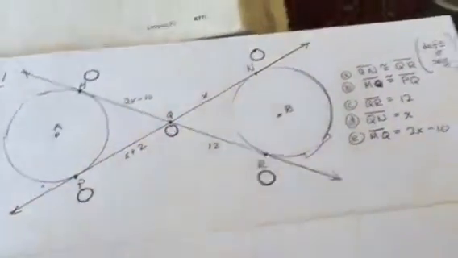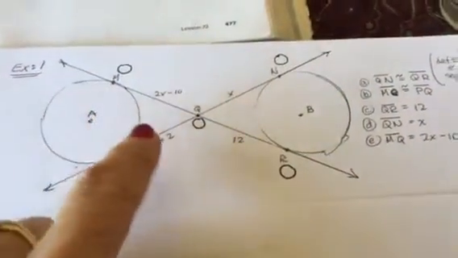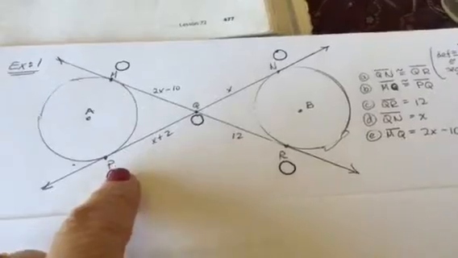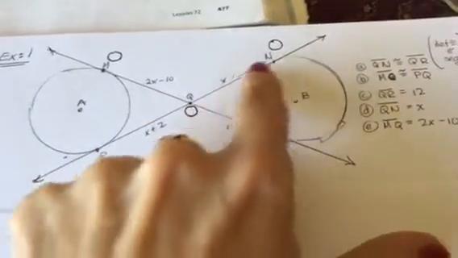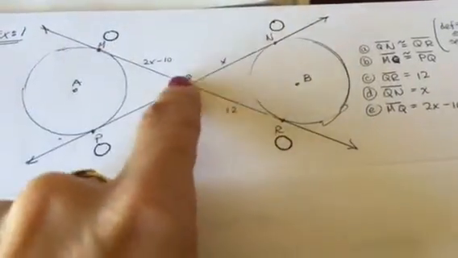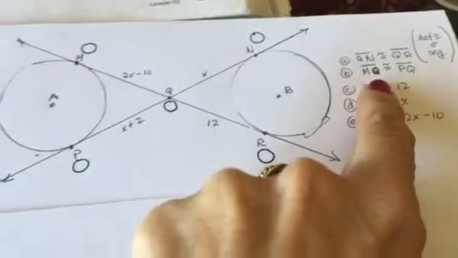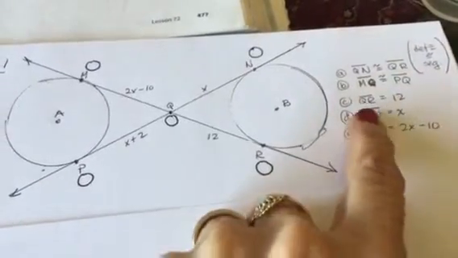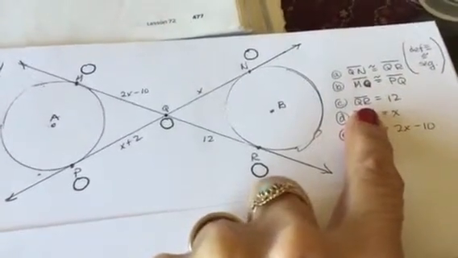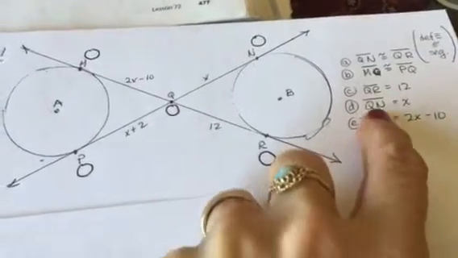Well, we're going to write down some of our givens. We know from our relationship of Theorem 58 that QN is congruent to QR and MQ is congruent to PQ. And I wrote those right here, definition of congruent segments. We can see how it's labeled that QR is given a numerical value of 12.